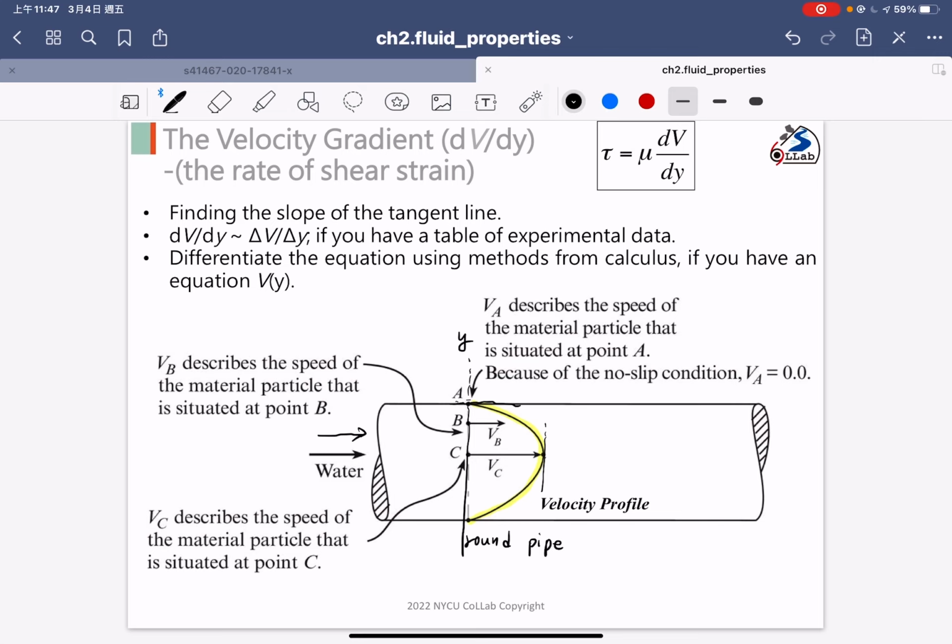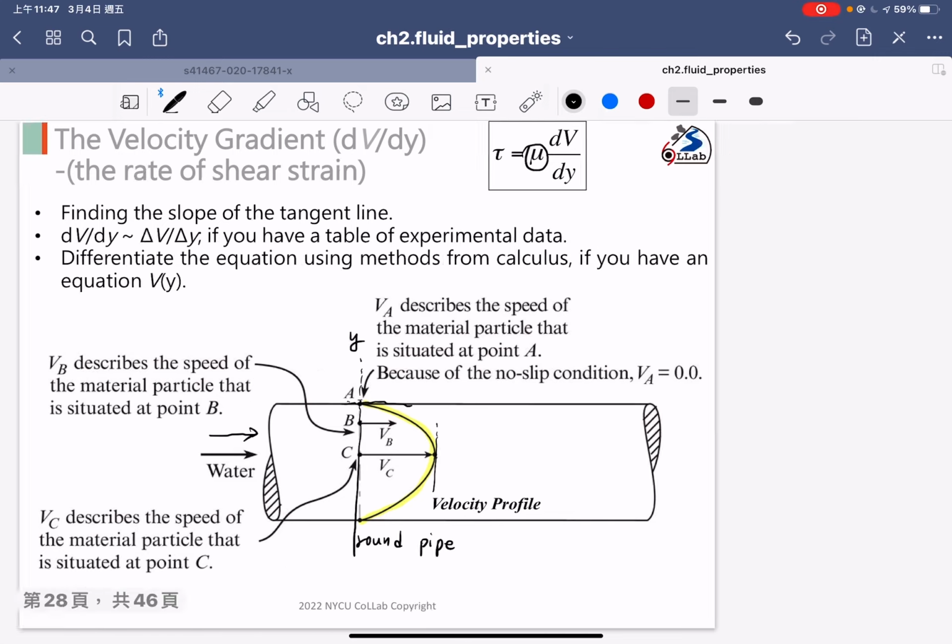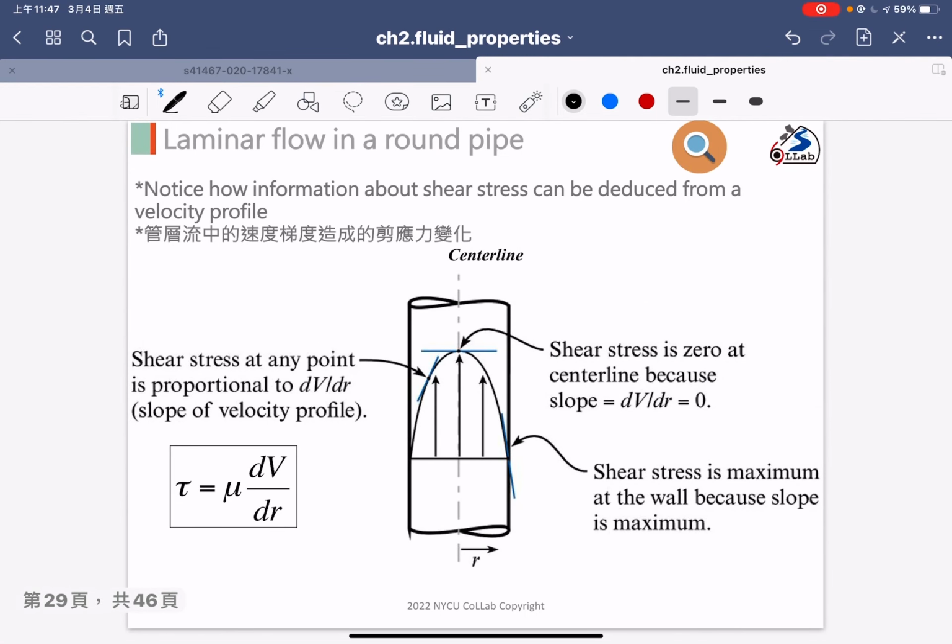Because the fluid is the same material, the viscosity stays the same, but at different locations A, B, C, the velocity gradient will change. You can see this cartoon figure showing here. At the top, the velocity gradient is 0 at this point.